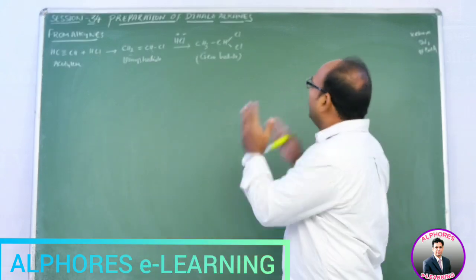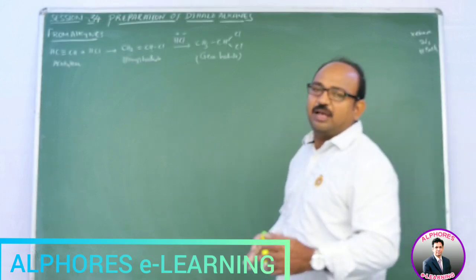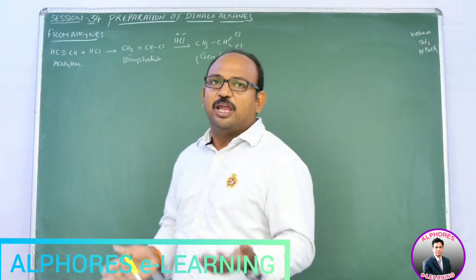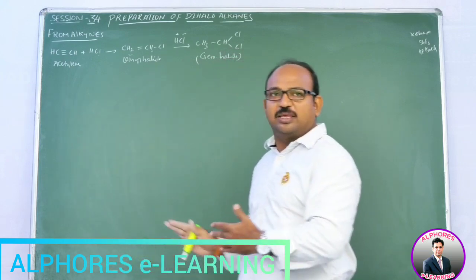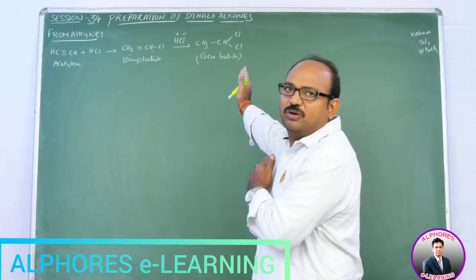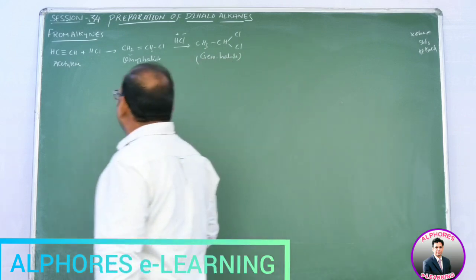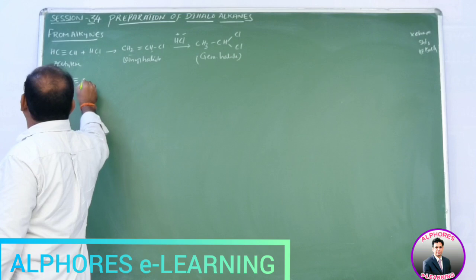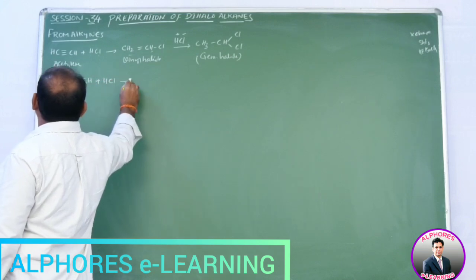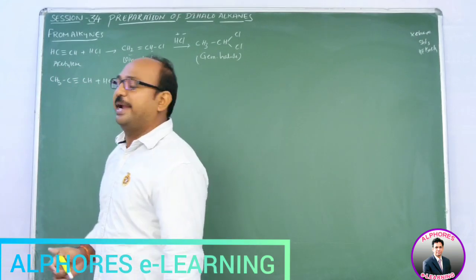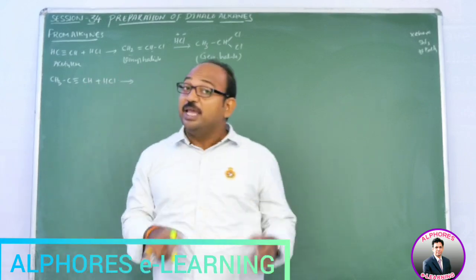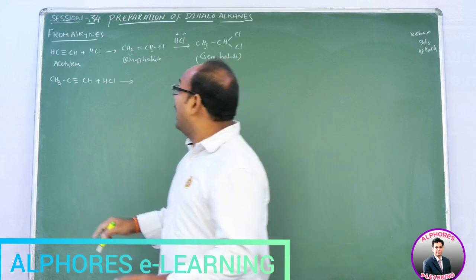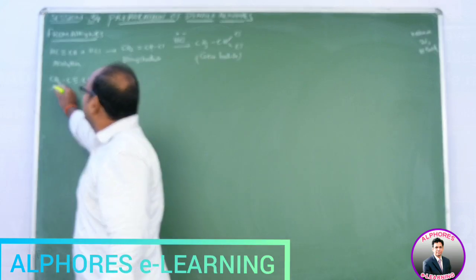Now here you are getting gem dihalide or ethylene chloride simply by addition of HCl to alkyne. In the first step, alkyne converts into alkene. Alkene further converts into alkane derivative. Now, instead of acetylene, if I consider propyne, CH3-C≡CH plus HCl, in this case the alkyne is not symmetrical, and this alkyl group is a plus I group.